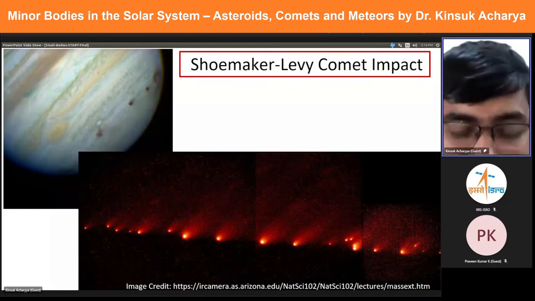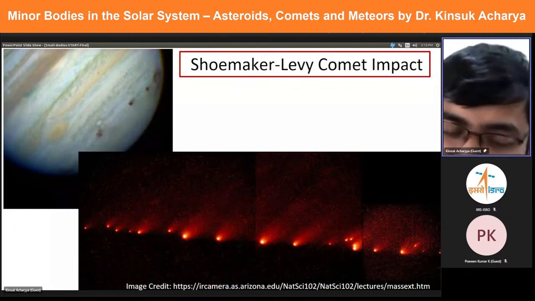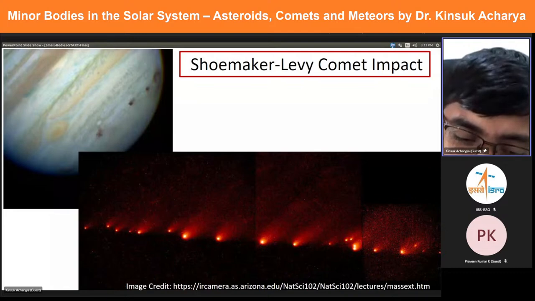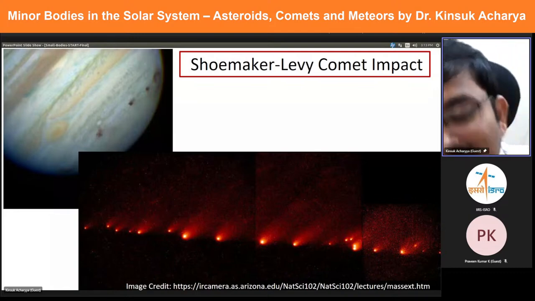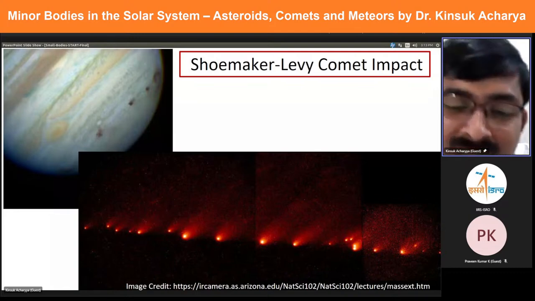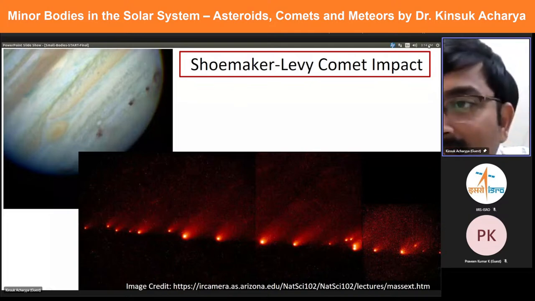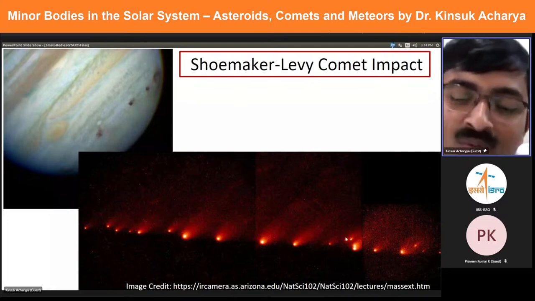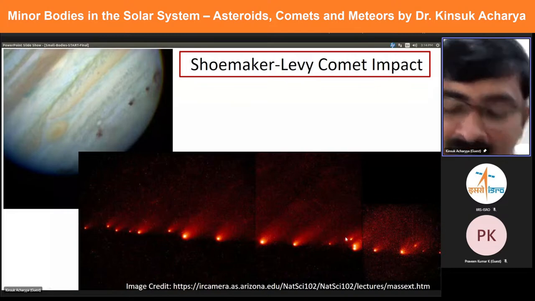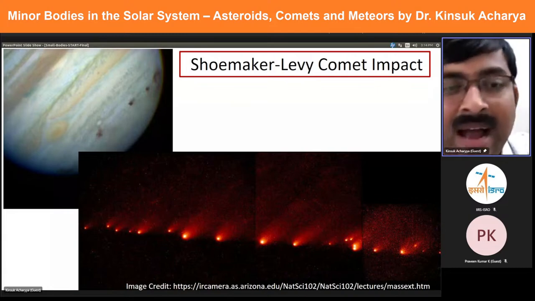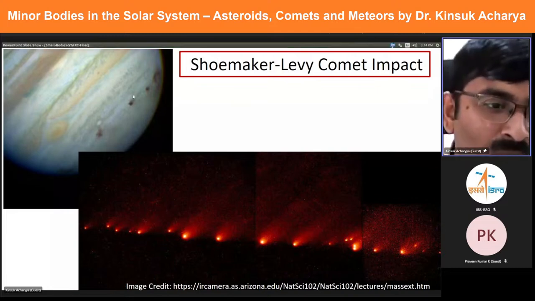This is one event that happened in just 1994. I was a school student then, and we used to follow it. This is the famous Shoemaker-Levy 9 impact. A nearly 2-kilometer size comet got disrupted and hit Jupiter.